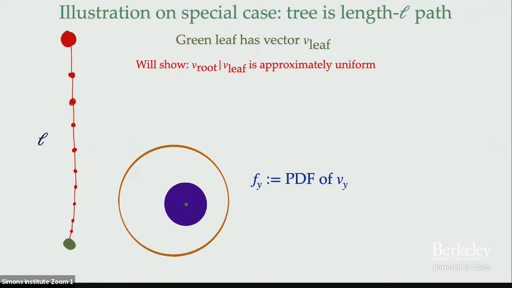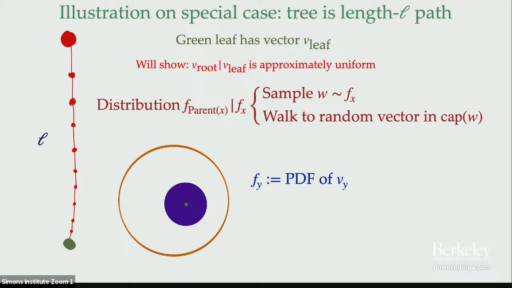So I will use notation Fy for the PDF for Vy. So in general, when we know the PDF of a vertex X, and now we want to infer from it the PDF of its parents in this tree, the procedure of doing that is really just, this distribution is defined by sampling a random point from Fx and then walk to a random vector around a cap in W. And this will generate a new distribution, which is its parent's distribution.